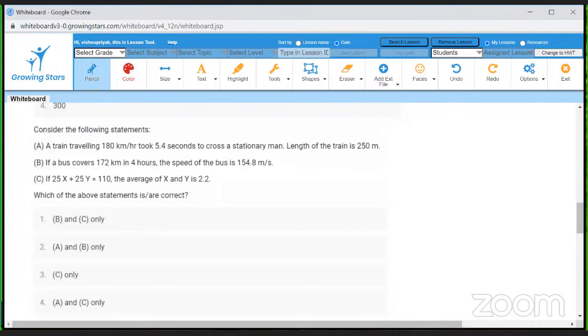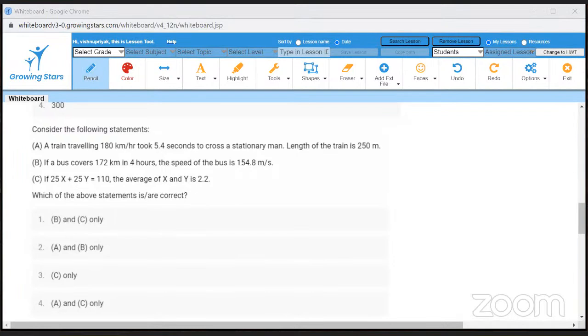I'm giving you these for homework because now we don't have time to discuss all of these, but you can try them as homework. It will be like practice.